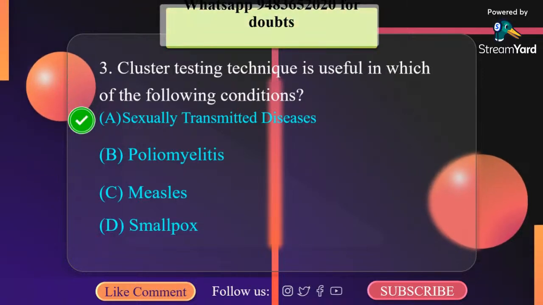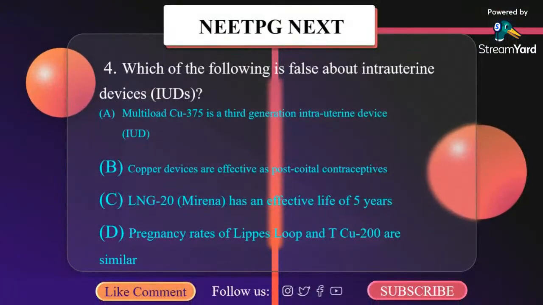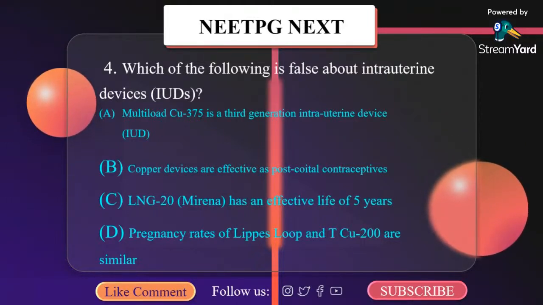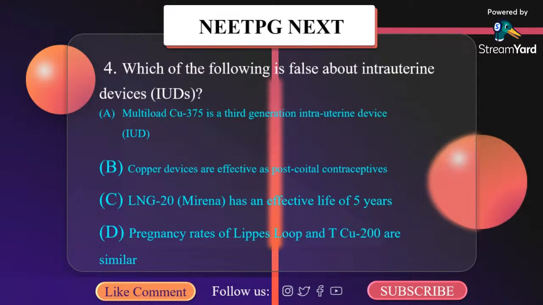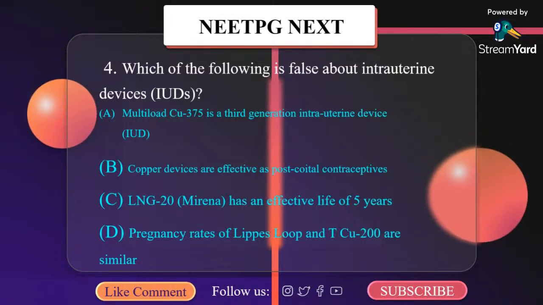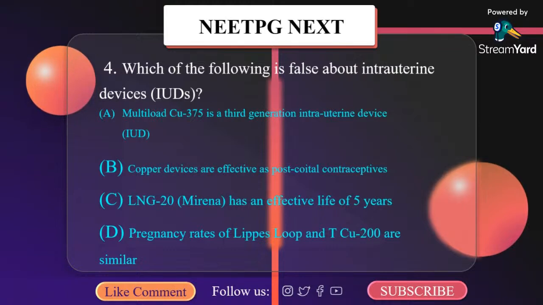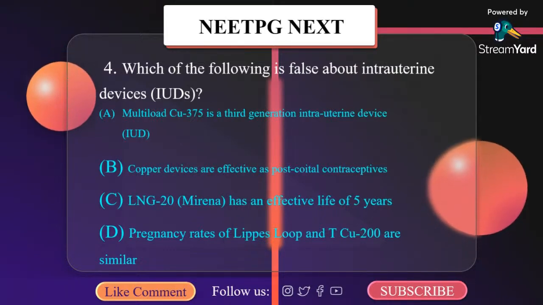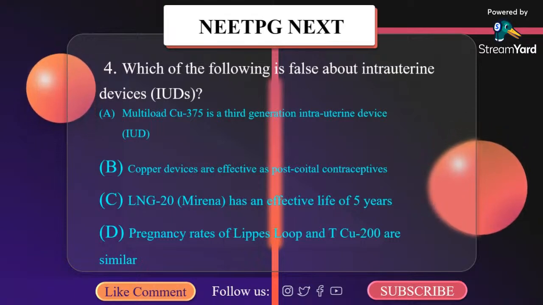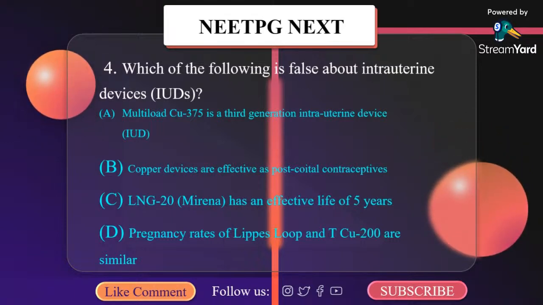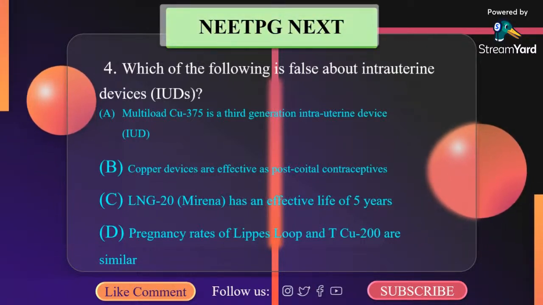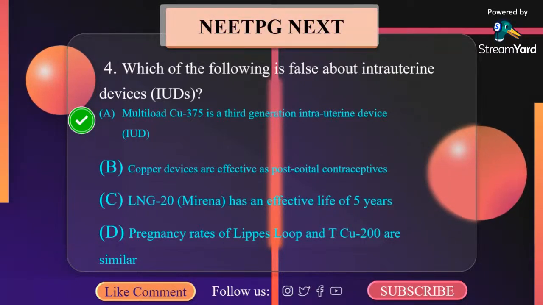Sexually transmitted diseases. Which of the following is false about intrauterine devices? Multi-load CU375 is a third generation intrauterine device. No, copper devices are second generation IUD. Copper devices are effective as postcoital contraceptive. Yes, it is correct. LNG20 has an effective life of 5 years. Again, it is correct. Pregnancy rate of Lippes loop and CU are similar. It's correct. The exception is multi-load CU375 being a third generation IUD.